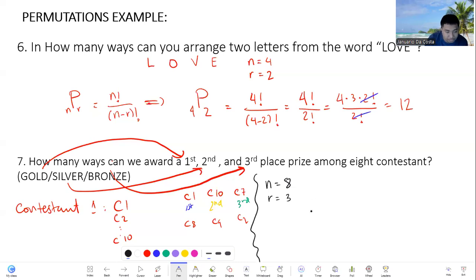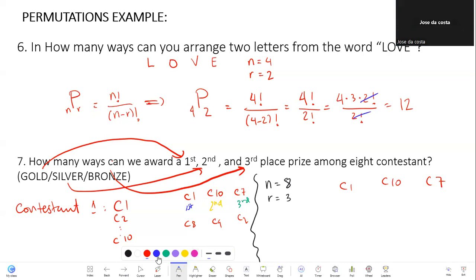So this is a permutation. Is this a permutation? For example, C1, C10, C7. So let's say contestant 1, contestant 10, and contestant 7. This is the first place, this is the second place, and then this is the third place.